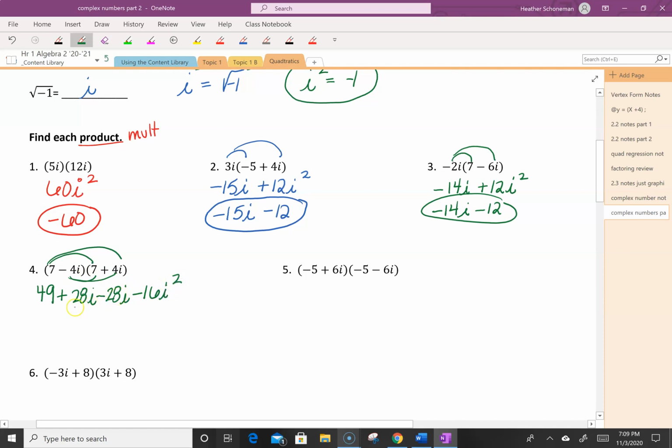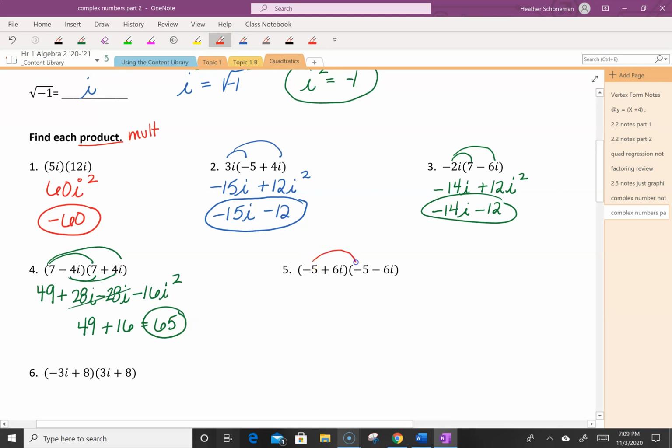Well, in the middle, 28i and -28i cancel out. So I get 49. And then remember, i squared is -1, so -16 times -1 is +16. And now I can combine those together, giving me 65.